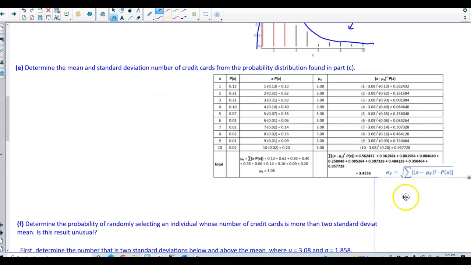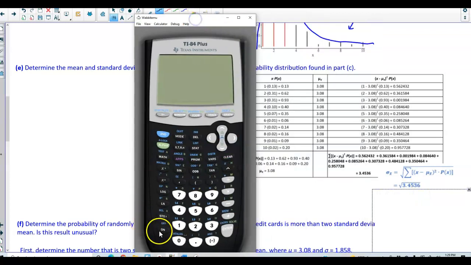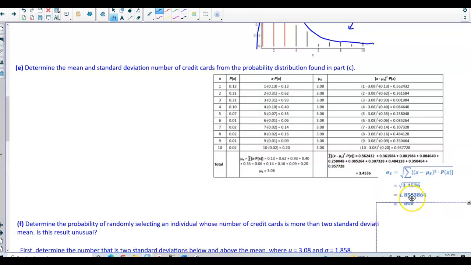Okay, now once we get that sum, we're going to plug it into the formula to find the standard deviation. So that means we're going to take the square root of 3.4536, which we could do in our calculator here. So the square root of 3.4536, and then there is our value. We get 1.8583864.